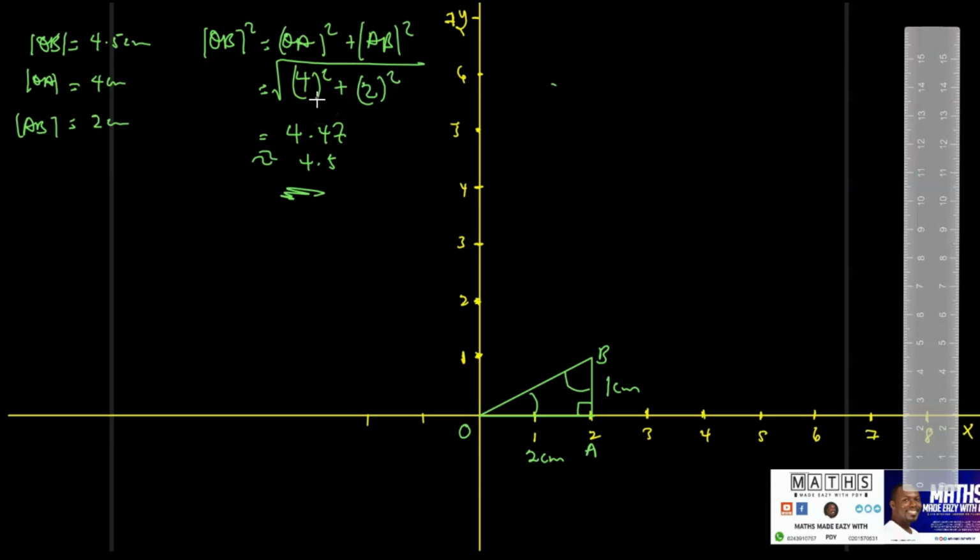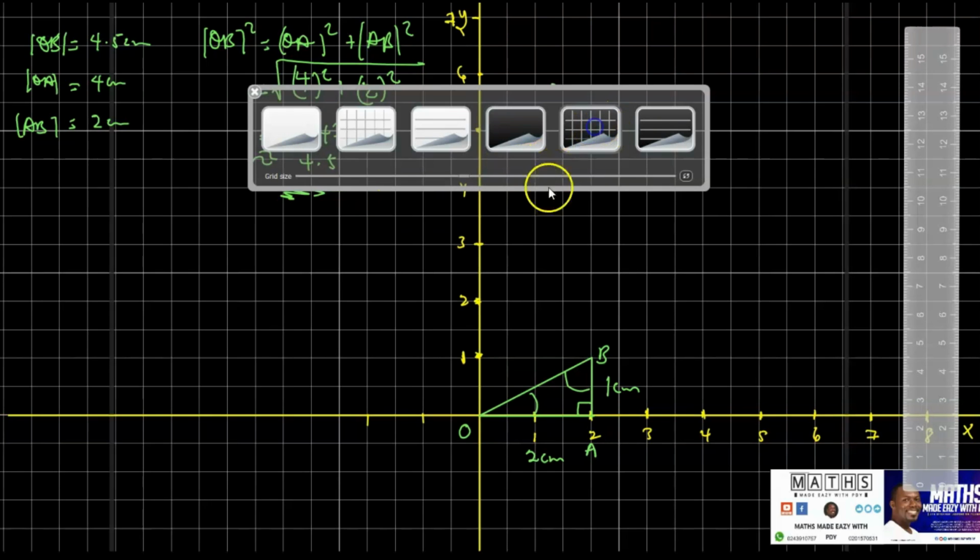Now let's take another one. I'm just going to increase the triangle a little. So increasing the triangle, I'm going to move from A to another part, which is, let's say, at 5. This time around, let me use a blue color.